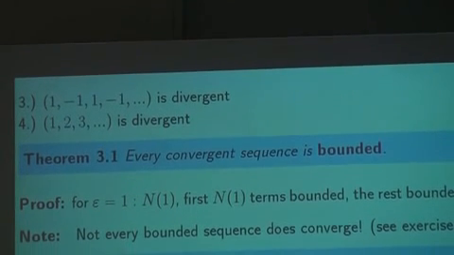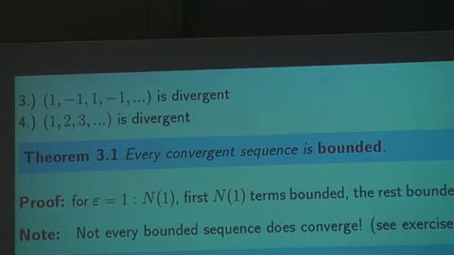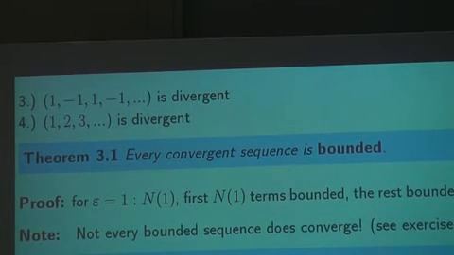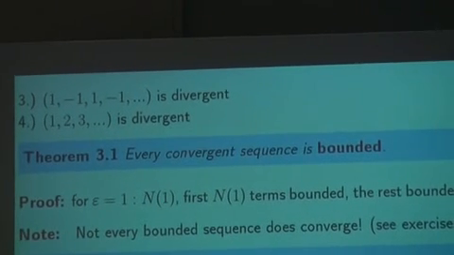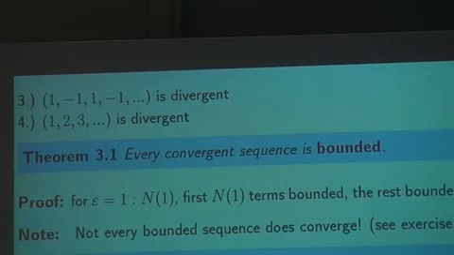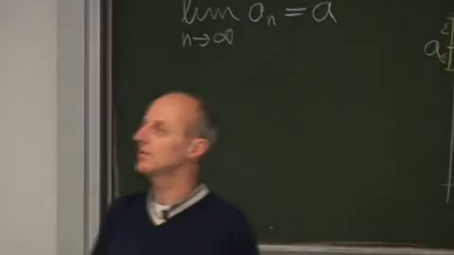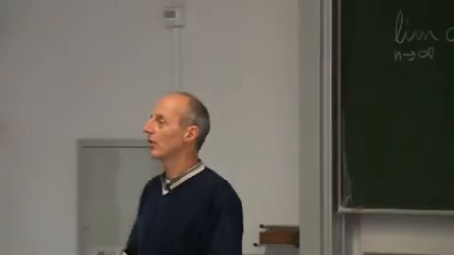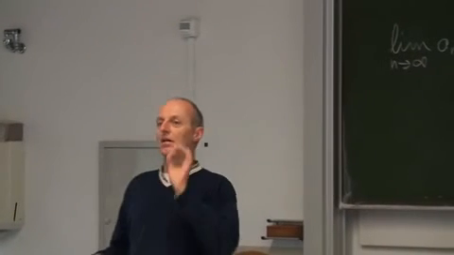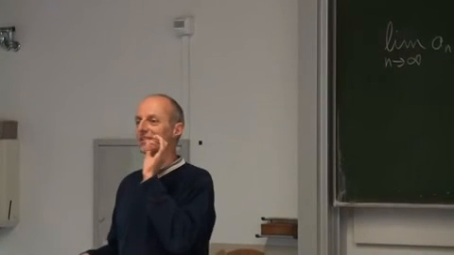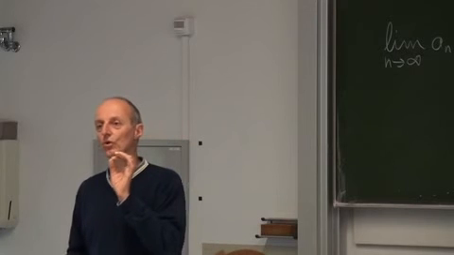Let's think about proving this. How can we prove that this sequence, which alternates between 1 and -1, is not convergent? Yeah, okay, this is kind of challenging. No, let's make it easier. Let's prove that this sequence does not converge to 0.